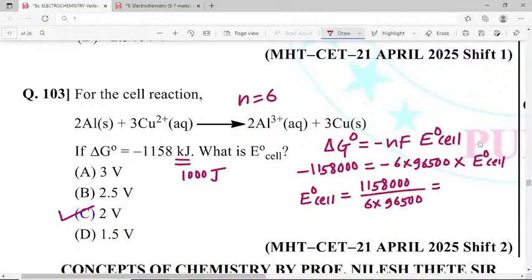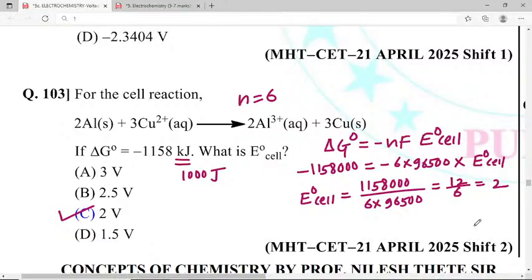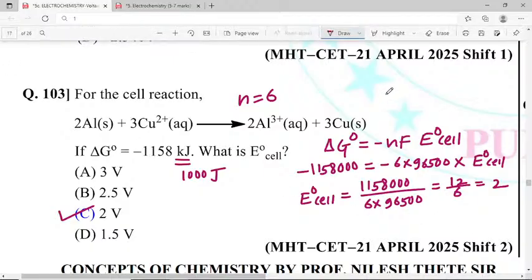So it is equal to 12 by 6, so it is equal to 2. 2 volt is your answer. Okay, question number 103 completed.